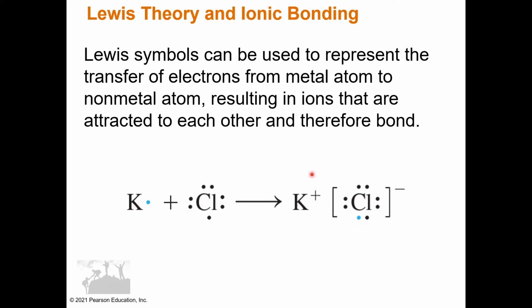So that's why you would have to draw the Lewis structure for an ionic compound like this. Please don't forget the charges. In this textbook, they have brackets around the anion, and for the anion, you have to show all 8 electrons, showing the complete octet.